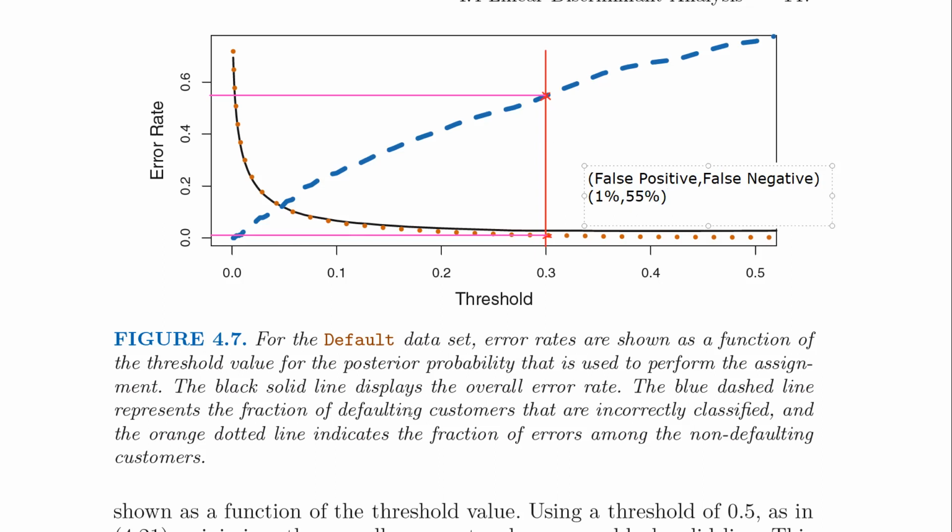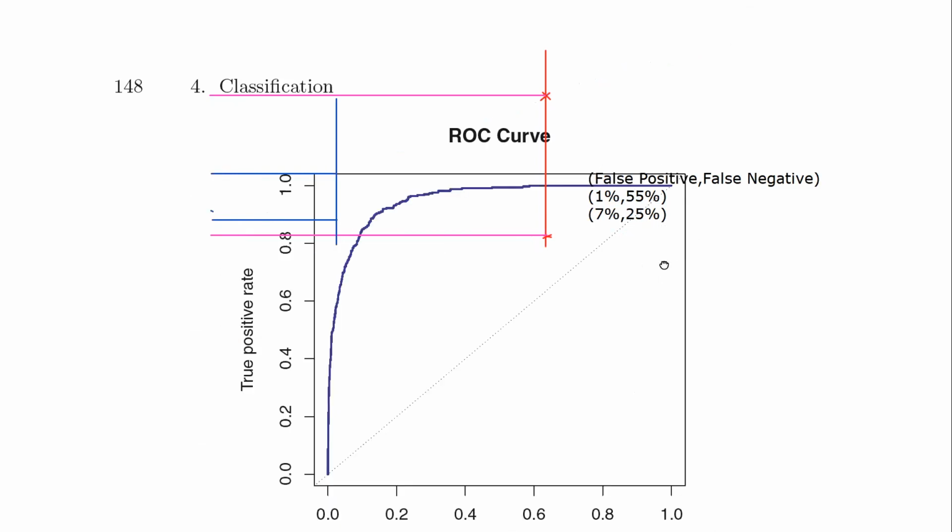Let's draw another one. I wouldn't be surprised if I've got this entirely wrong. But let's try, for example, this one. What does this look like? It looks like 7%, and it looks like 25%. Let's see.